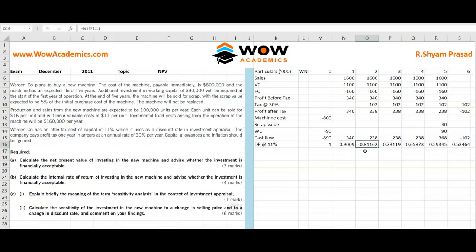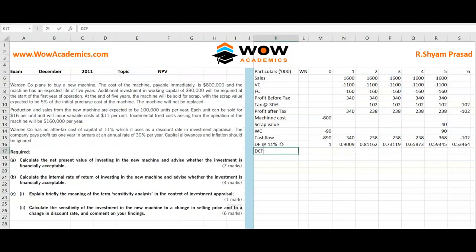You copy paste this formula, so that each formula references the cell before. For the second year they reference the first year, for the third year they reference the second year. Like that each number refers to the number before. So that's how it works. If you are confused about whether these numbers are correct or not, check with the discount factor table which is available in the exam. So you got these numbers.